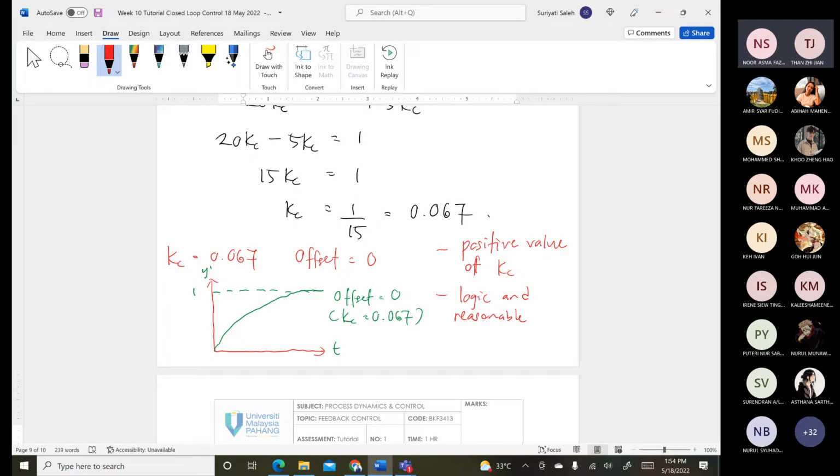It will provide an unstable system. So negative Kc should not be used. It provides an unstable system, which is undesirable for chemical process. So that is what it means.